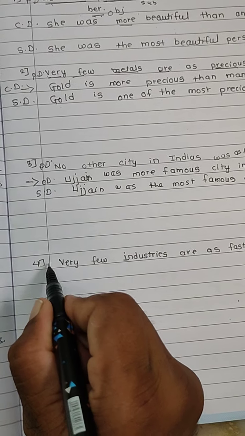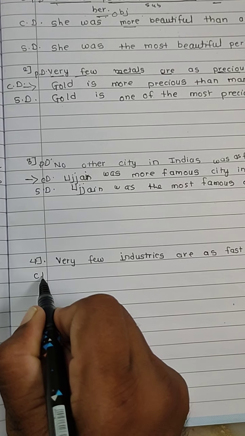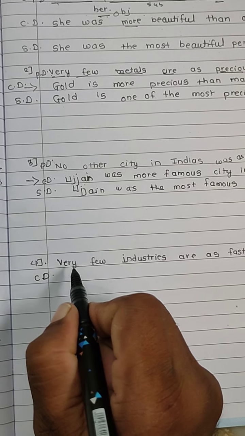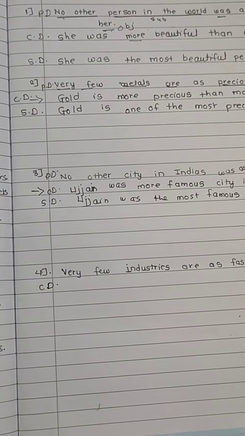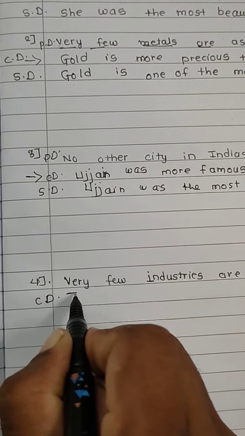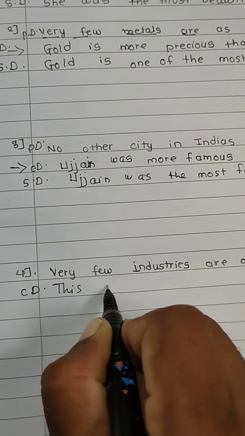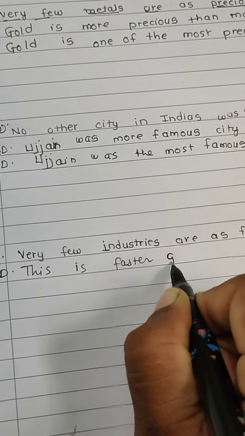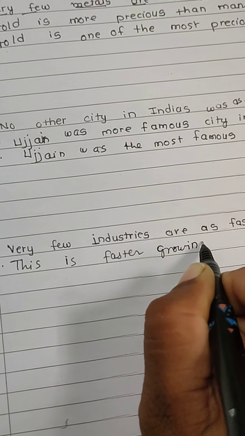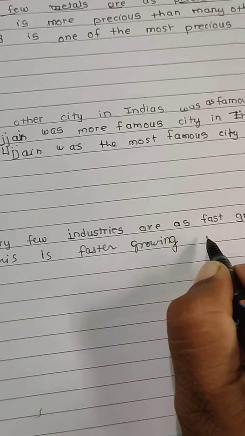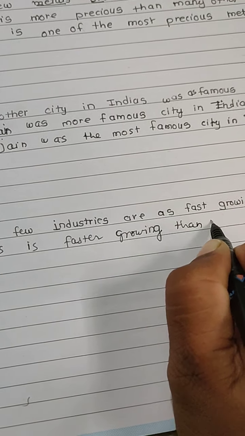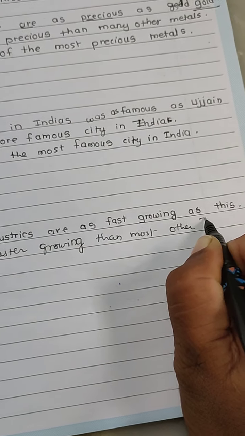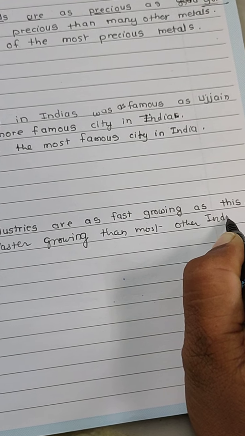And last, very few industries are as fast growing as this. So that became positive, we change to comparative degree. This is faster growing than most other industries.